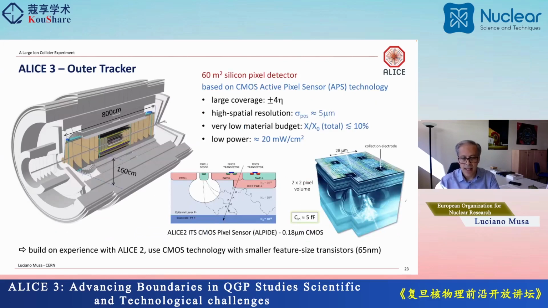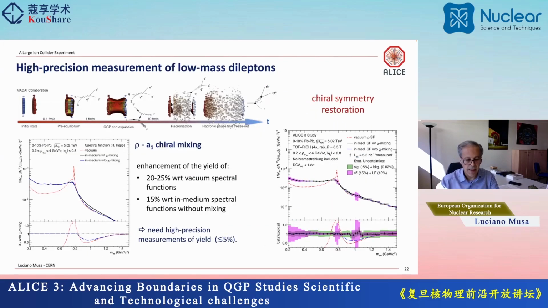Now all this requires detectors with unprecedented precision. And let me now, in the remaining time, just give you a few highlights. One of the important components is the tracker, the outer tracker.